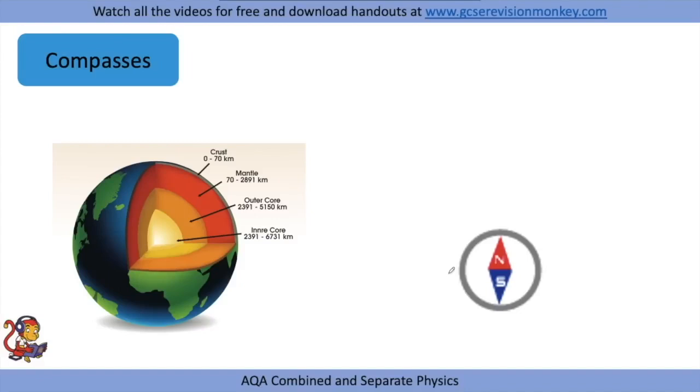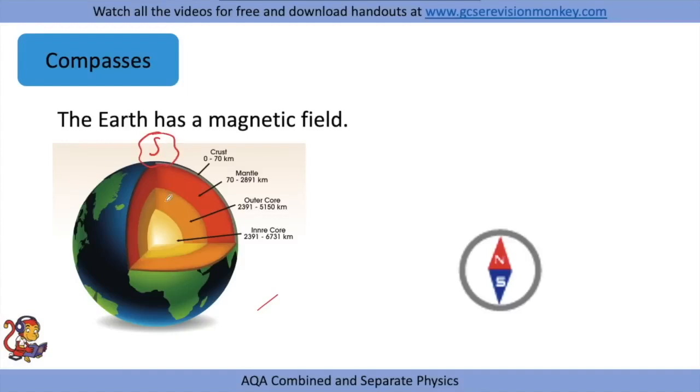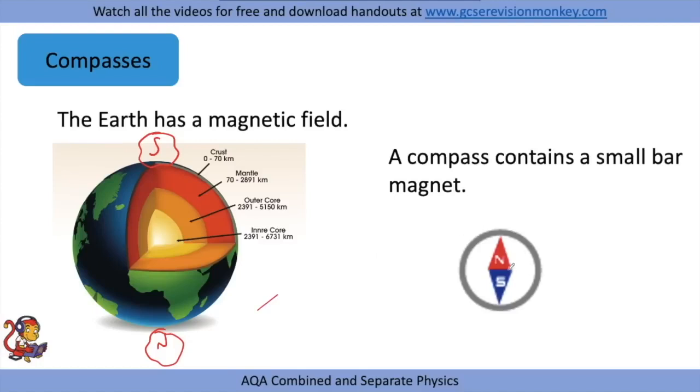Looking at compasses, because they involve magnetism as well, the Earth itself has a magnetic field, and actually at the North Pole, that is where there is magnetic south, and at the South Pole, that's where there is magnetic north. A compass contains a small bar magnet, and this bar magnet here is on a frictionless surface, so it can turn all the way around freely.